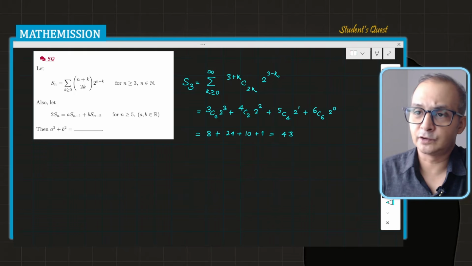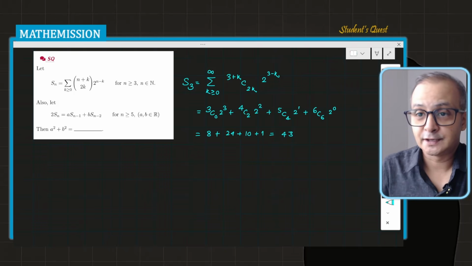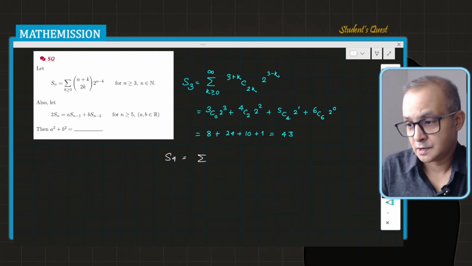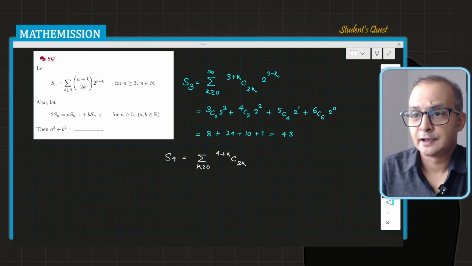Similarly, we can find the values of S4, S5 and S6. S4 is the summation, k goes from 0 to infinity, of (4 plus k) C (2k) times 2 to the power 4 minus k.